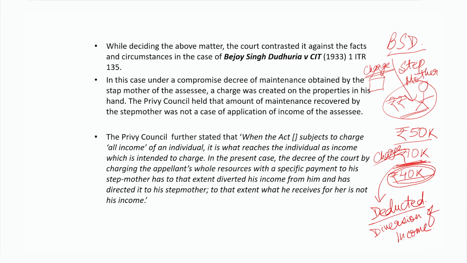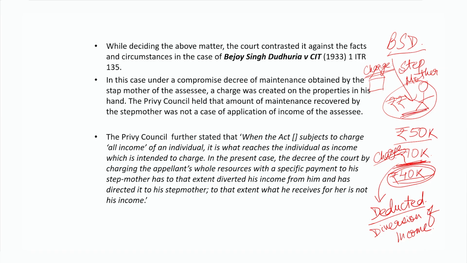In the present case, the decree of the court, by charging the appellant's whole resources with a specific payment to his stepmother, has to that extent diverted his income from him and has directed it to his stepmother, and to that extent what he receives for her is not his income, right? So he may be receiving this particular amount of 10,000, but of course he has to give it back to his stepmother, okay?